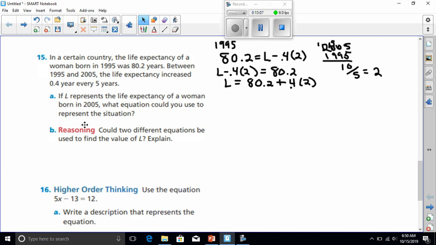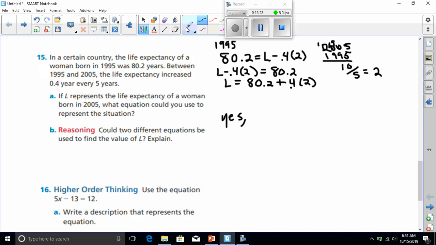Last one, it says reasoning. Could two different equations be used to find the value of L? Well, we just solved that, didn't we? Yes. Let's see.